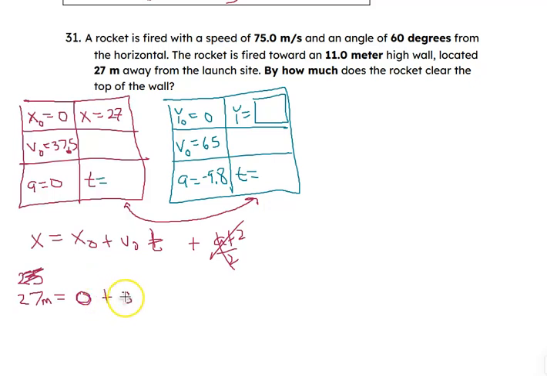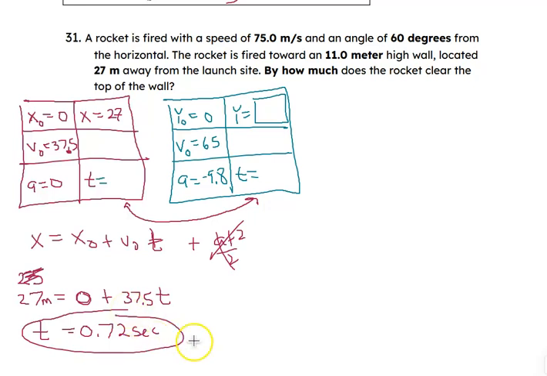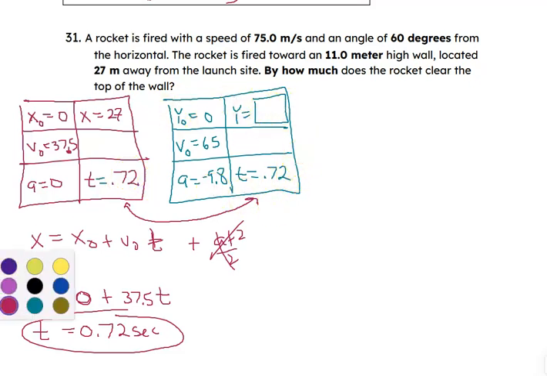My initial speed was 37.5 times t, and that gives us a t of a little under, 72% of a second, 0.72 seconds. That time is the same because time doesn't have direction.